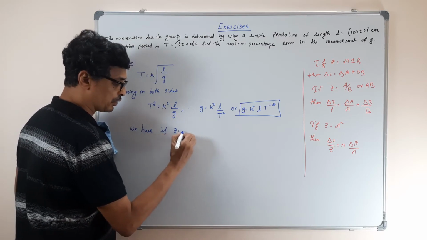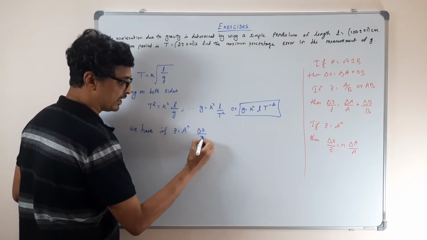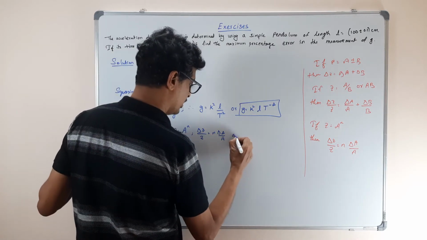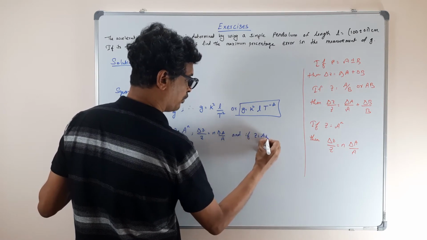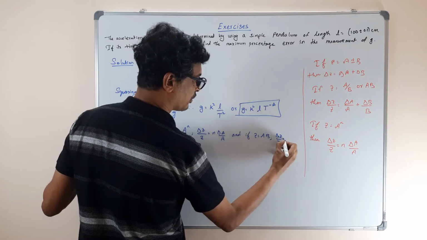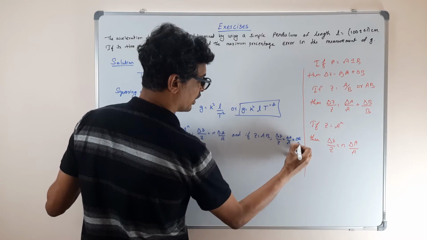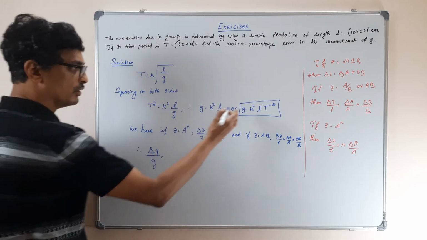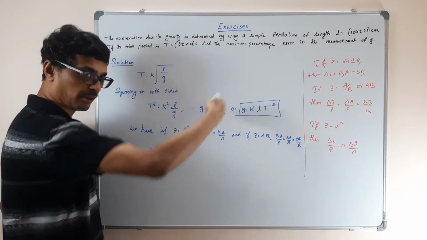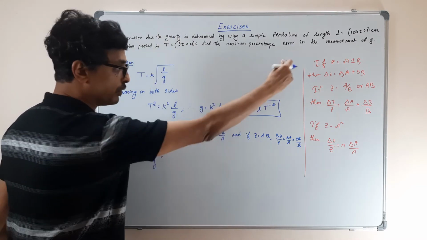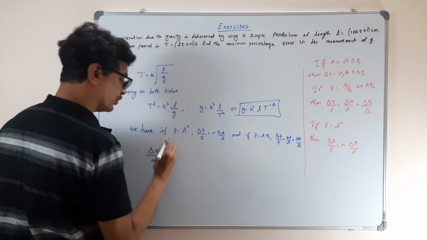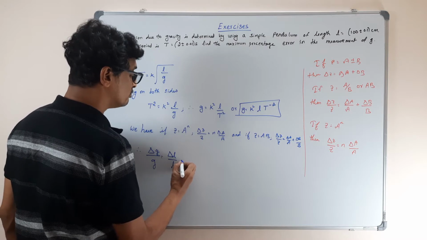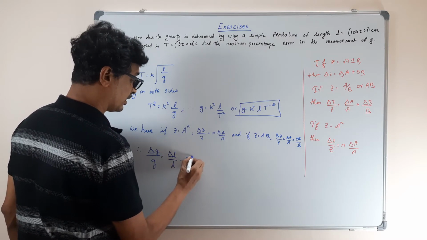If Z equals A to the power N, delta Z by Z equals N into delta A by A. And if Z equals AB, delta Z by Z equals delta A by A plus delta B by B. So delta G by G will be equal to, K square you don't bother, it will cancel off, delta L by L plus minus 2 delta T by T.